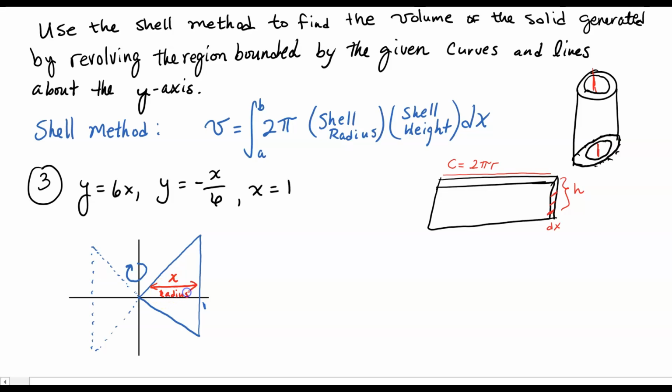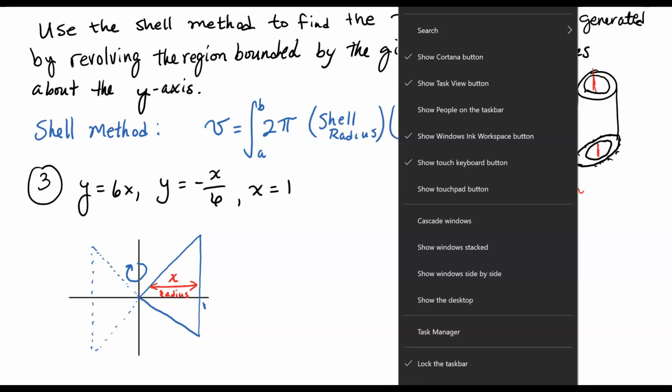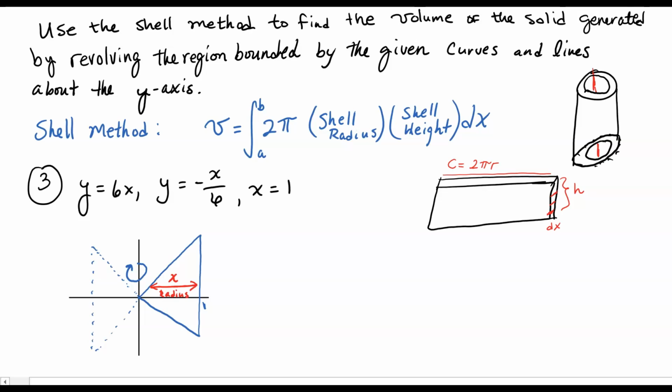It is x units in radius. But it is the height that we really need to concern ourselves with. The height we're going to take from the functions themselves. This one was y equals 6x, and this one was y equals negative x over 6. So this height is represented by the following.